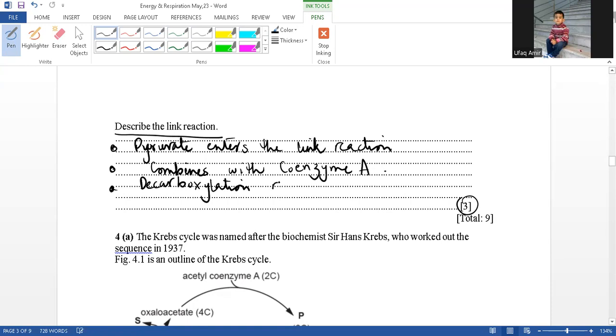Then after that dehydrogenation takes place. Excellent. Decarboxylation, removal of carbon dioxide will take place. From it one hydrogen is taken by NAD. Yes. Then dehydrogenation takes place and NAD is reduced.